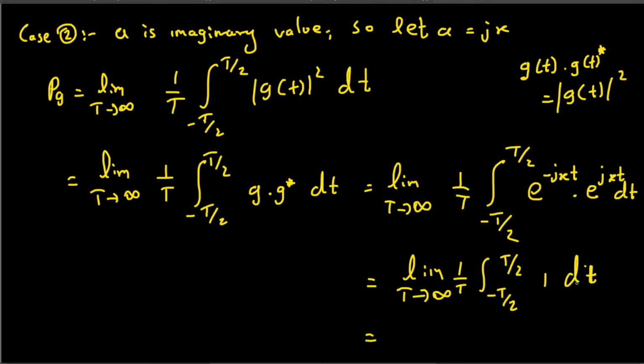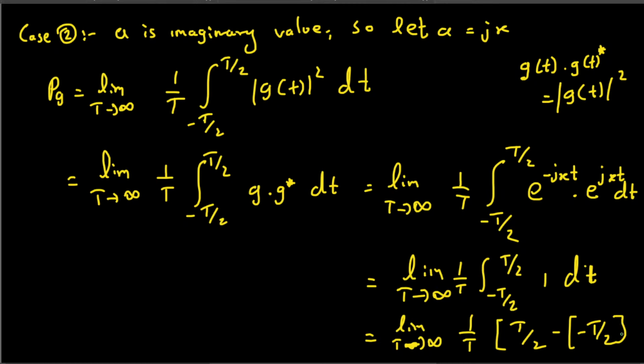Okay, if we integrate 1, that is upper limit minus lower limit, t by 2 minus minus t by 2.